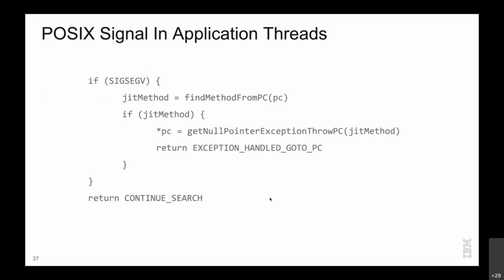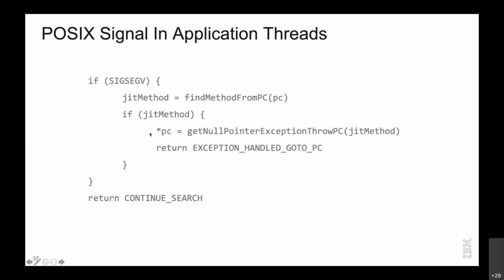Here's a really, really dumbed down view of what the JIT signal handler might look like. We first check if it's a segmentation fault. If it is, we know the address at which that segmentation fault occurred. So we try to see if there is a JIT method at that address, that is, we try to find the metadata corresponding to a particular PC. If there was a JIT method at that address, we try to find the piece of code which is able to throw a null pointer exception for that JIT method, and we update the actual PC value with that location.